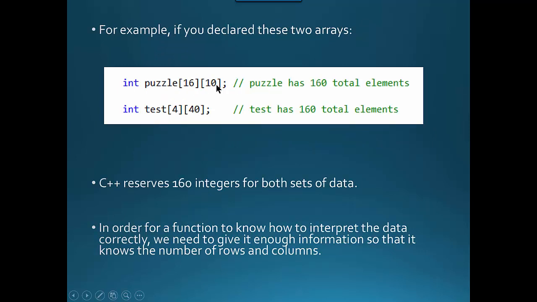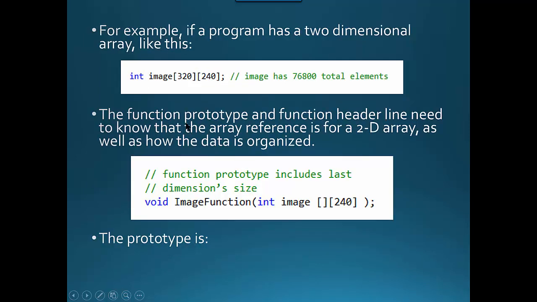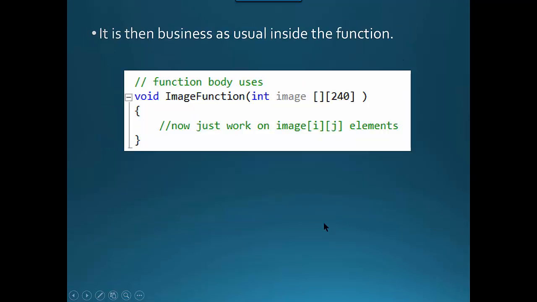One's an array of ints that's 16 by 10, another is an array of ints that's 4 by 40. They both have 160 elements. But for the function to know how to treat one of these arrays, it needs to know at least one of the dimensions. So the first one can be empty, but the other dimensions have to be specified.